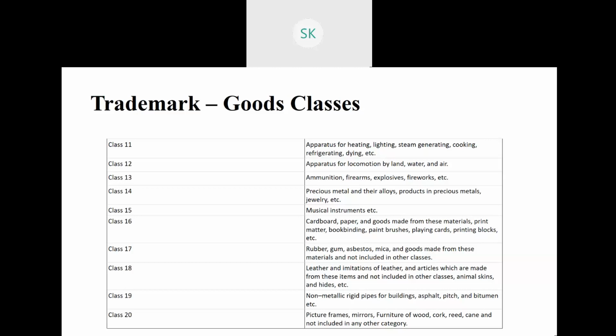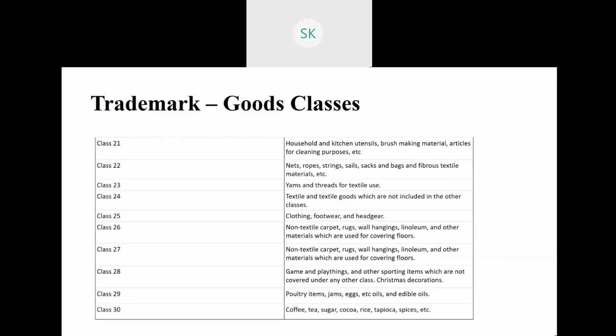Bitumen, asphalt, these are used by the civil engineering department for building roads or constructing flyovers. Going to class 20, the picture frames, mirrors, furniture which we use in our daily life are classified under class 20.